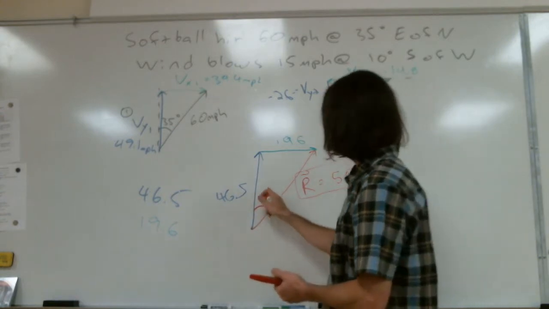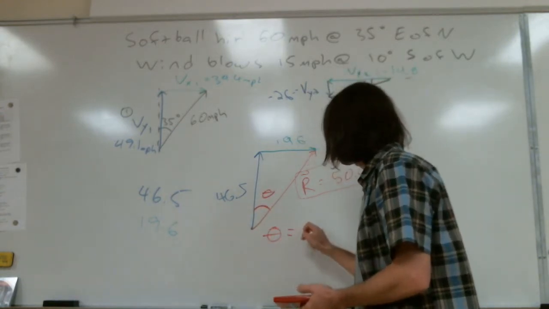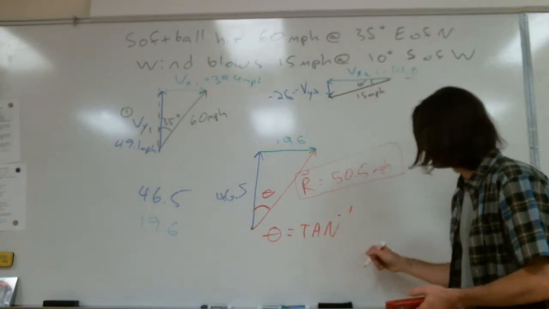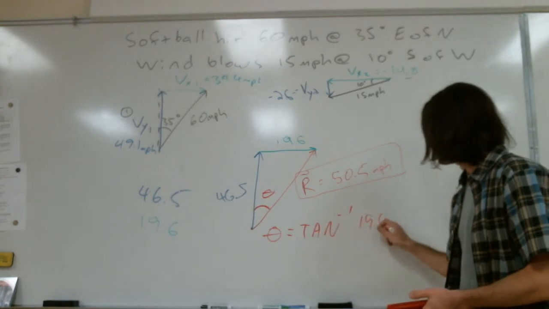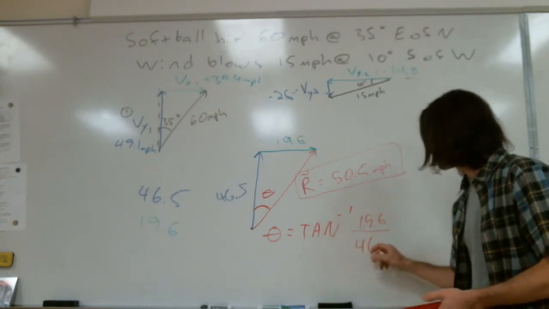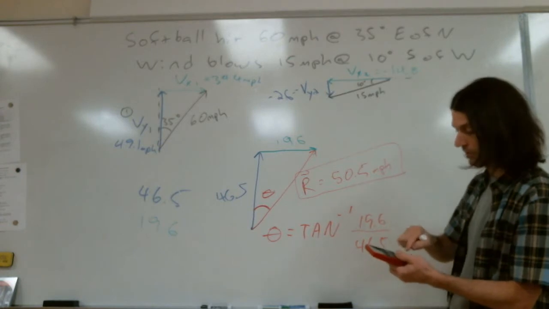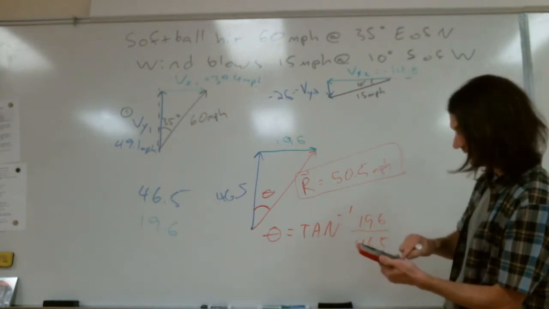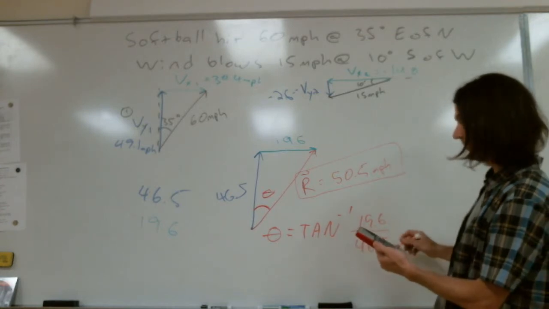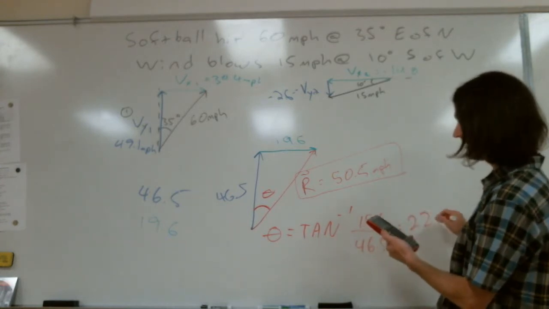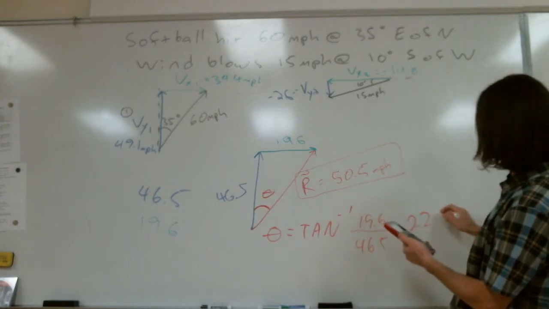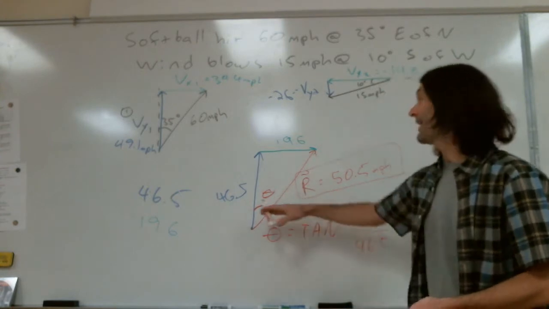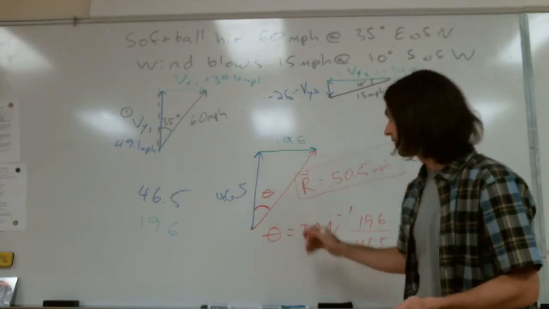So I'm going to say that angle is the inverse tan. That's what I make the joke, lay out at night. Inverse tan, 19.6 divided by 46.5. So second tan, 19.6 divided by 46.5. And this is what, 22-ish, 0.8 degrees, 22.8 degrees. That is then east of north.